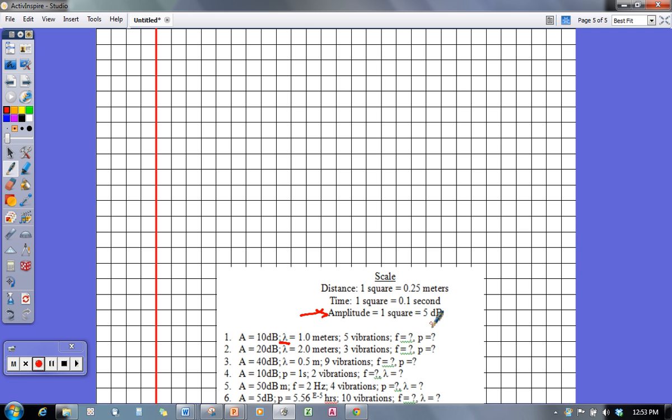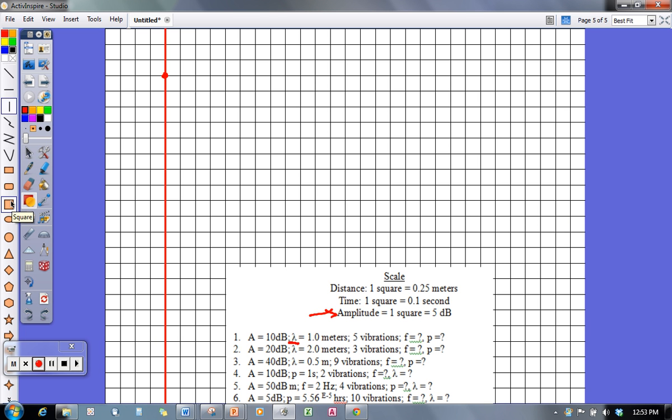So we're going to count from the top: 1, 2, 3, and put a dot there. And then we're going to draw our x-axis from that point all the way across.